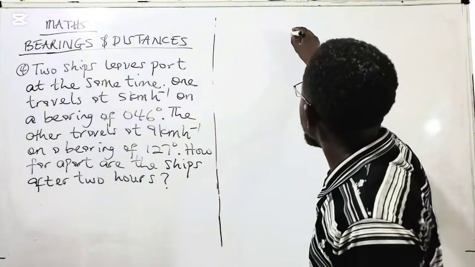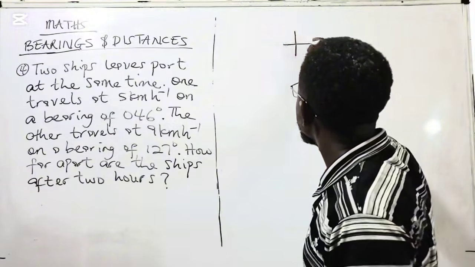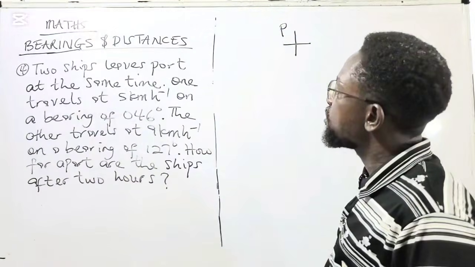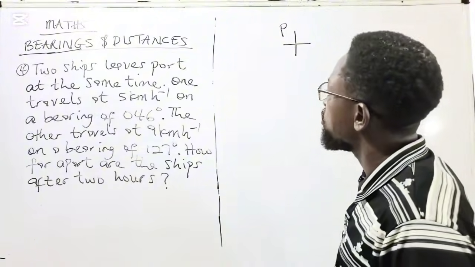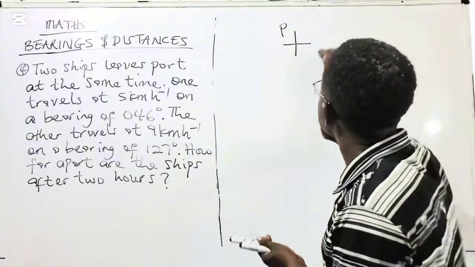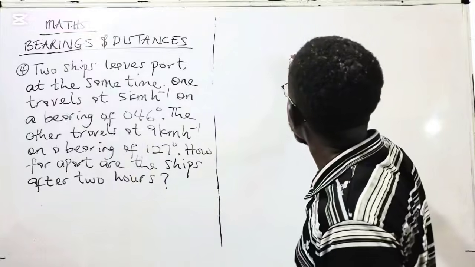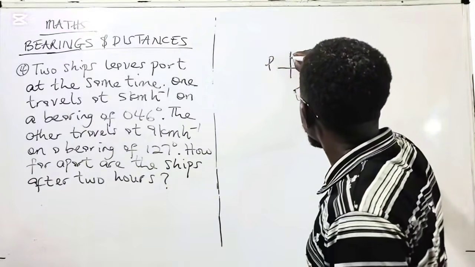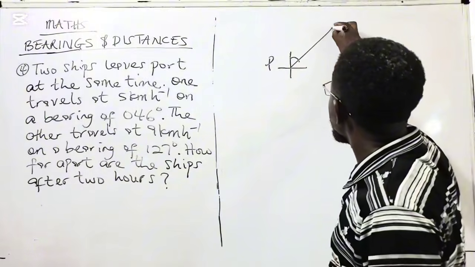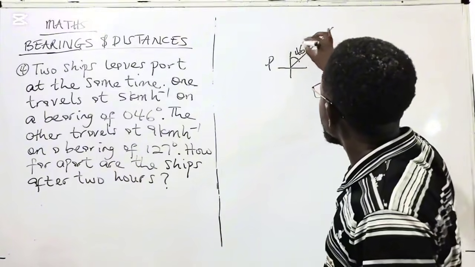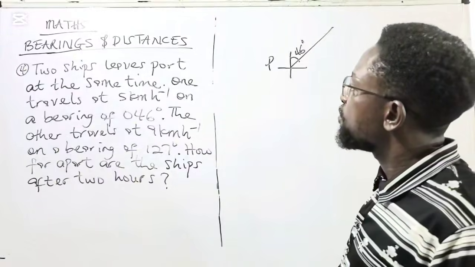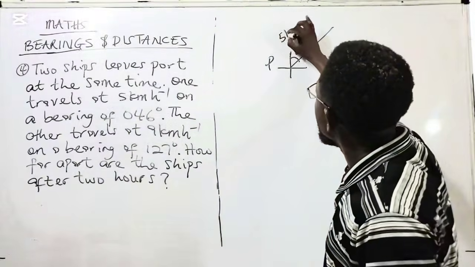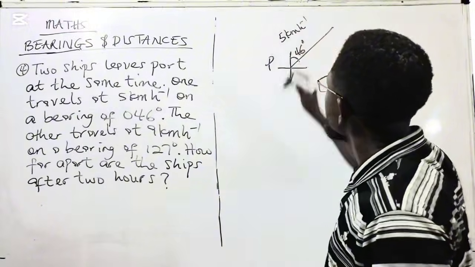Let's say that's the port, and let's represent that with P. One travels 5 kilometers per hour on a bearing of 046. Okay, let's hold on first.